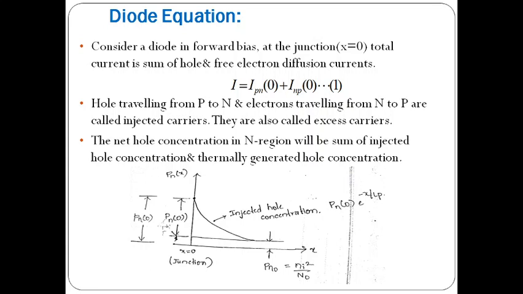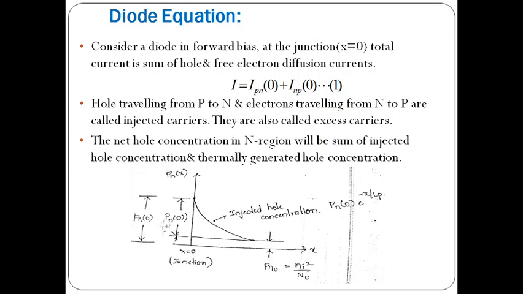IPn of 0 is the current due to holes in the N region at x equals 0, and INp is the current due to electrons in the P region. These two are diffusion currents. We name this equation 1.